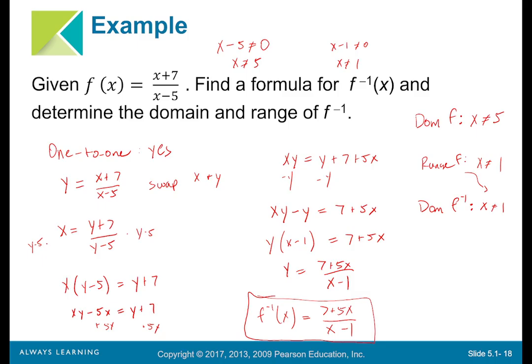But here, we just look at f inverse and say, oh, we know what the range of f is. It's the domain of f inverse. Similarly, we can write down the range of f inverse, and we know that's the same as the domain of f, which is x not equal to 5. So there's our domains and ranges. They become a little bit easier to pick up from the algebra here, going the two different directions.